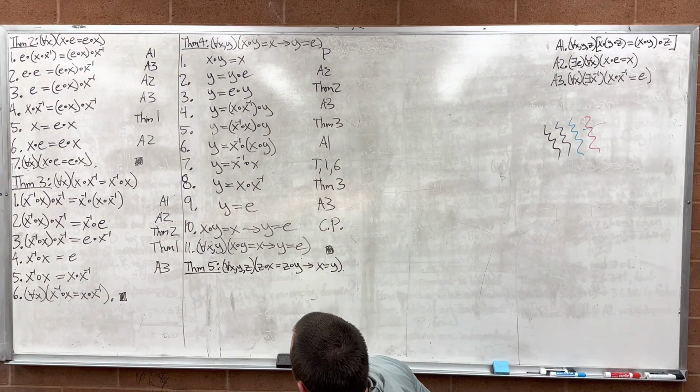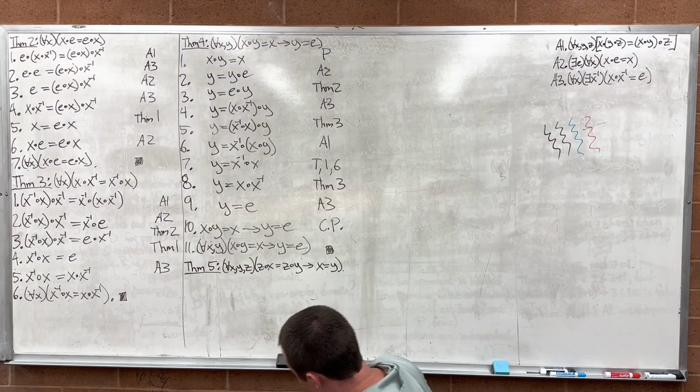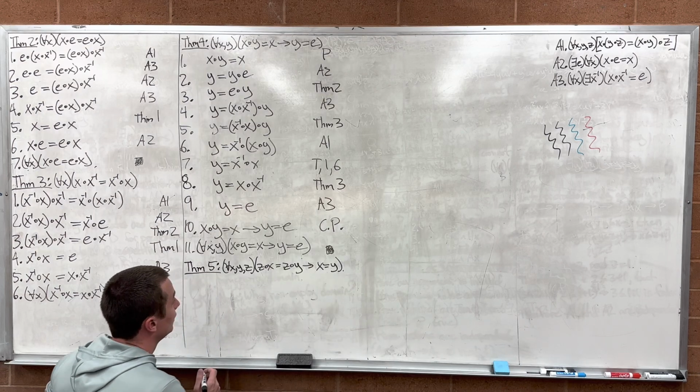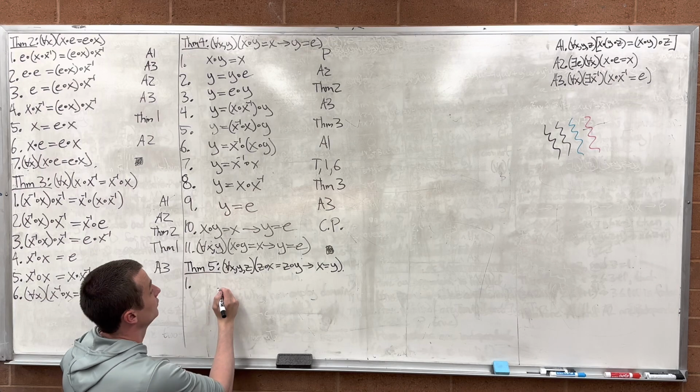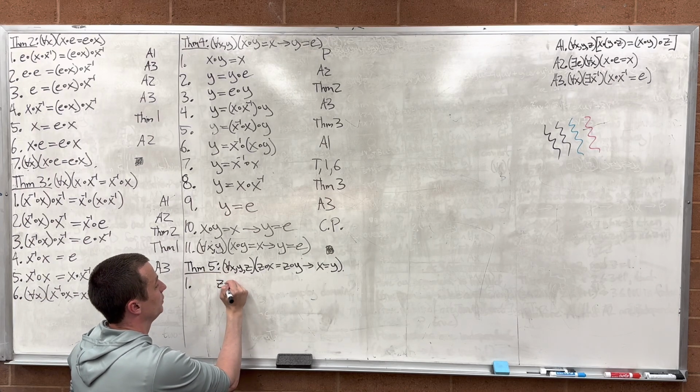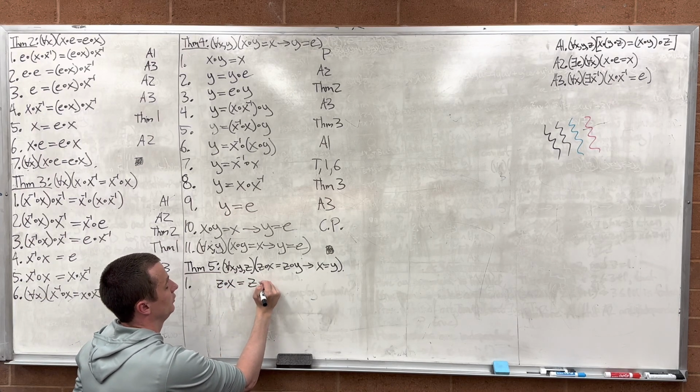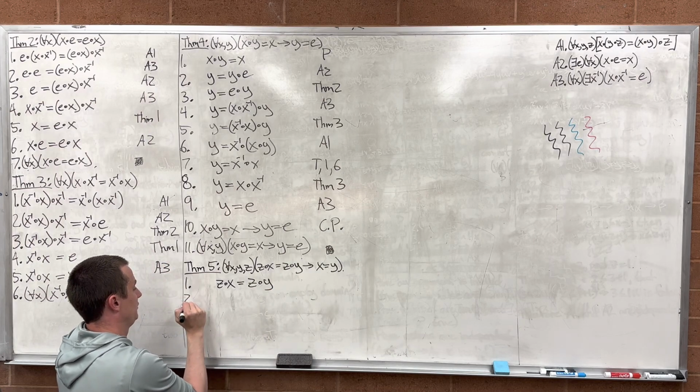Okay, so how are we going to start this proof? Assume the antecedent. Pretty safe start. So we assume z compose x is equal to z compose y.